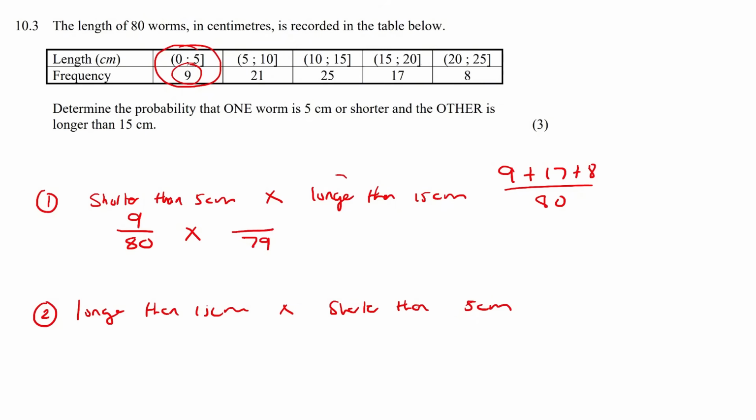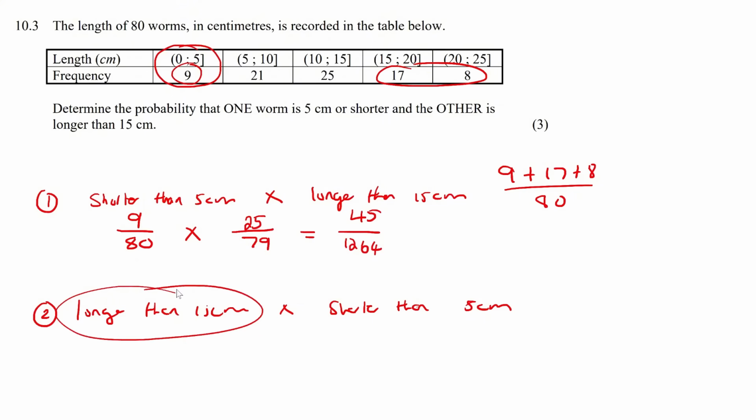Now, for the next one, what is the probability that it's going to be longer than 15 centimeters? Well, that would be 17 plus 8, which is 25. So we could work that out, and you would get 45 over 1264. But then the other scenario is that he chooses the longer worm first.